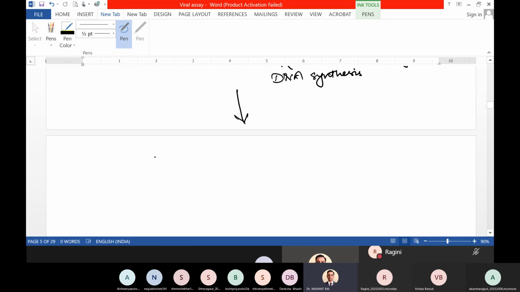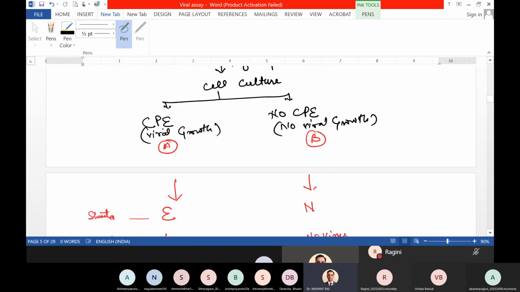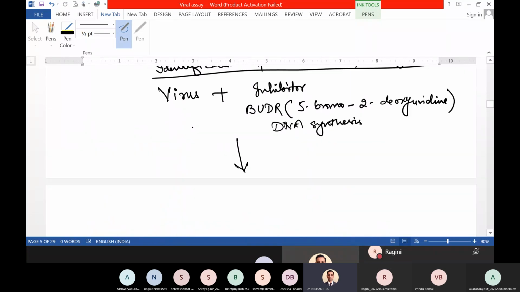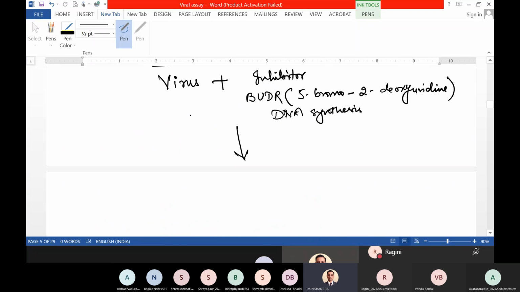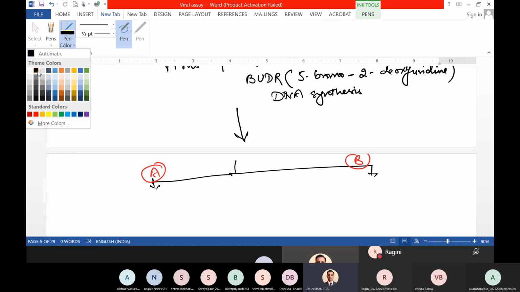In the first case, we wrote that cytopathic effect is observed. So again I am writing the same equation here. Virus is mixed with inhibitor, here 5-bromo-2-deoxyuridine, which is a DNA synthesis inhibitor, and in this case observation A and observation B, just to differentiate.